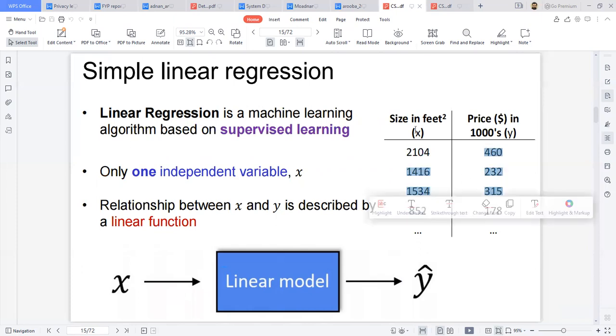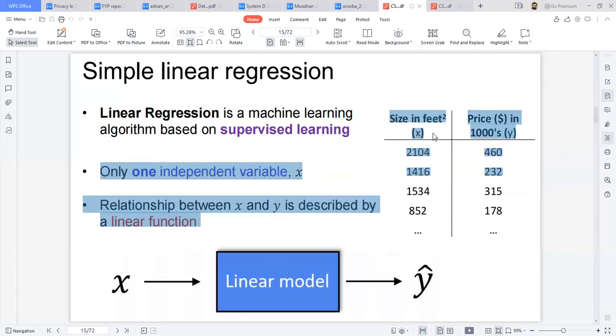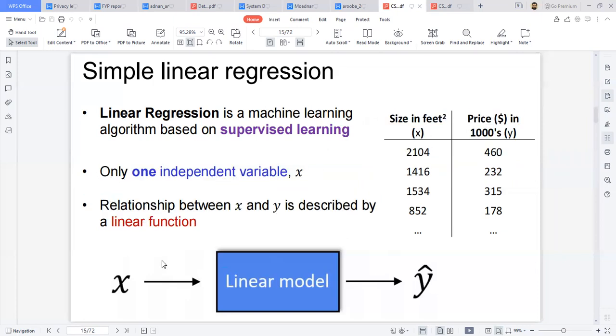So this x is independent, and based on this size, we can tell the price of the house. Only one independent variable x here, and the relationship between x and y is described by a linear function. For example, we have x here, we apply the linear model, and then we have some predicted value based on this linear model.